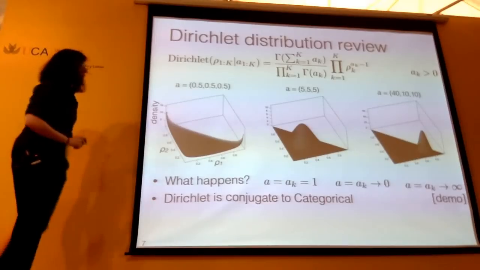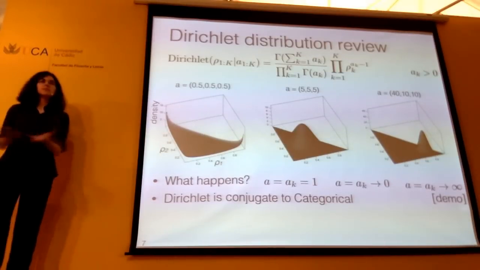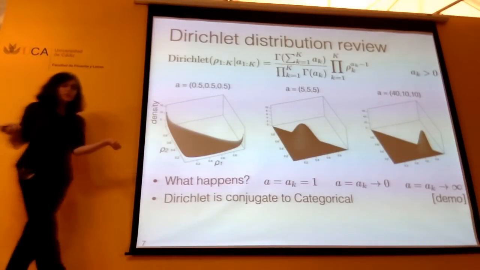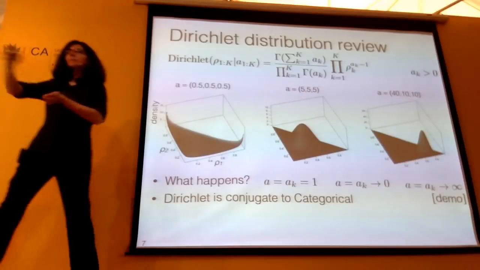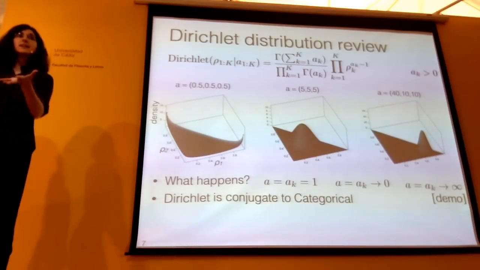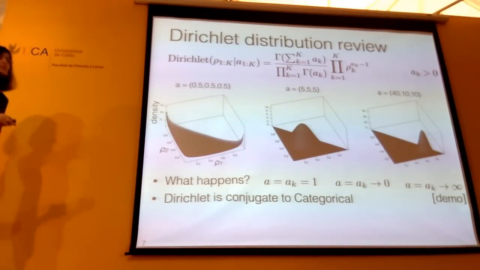Okay, and another point that I want to make is that just as the beta was conjugate to the categorical, so it gives you a distribution, and then when you draw from that distribution, the posterior of that distribution is again beta. In this case, the same thing happens with the Dirichlet.